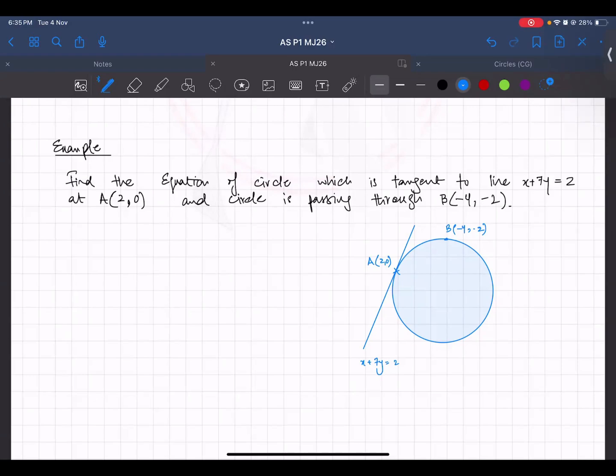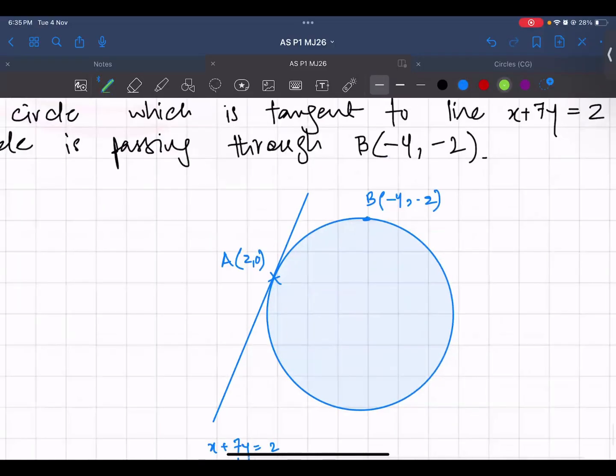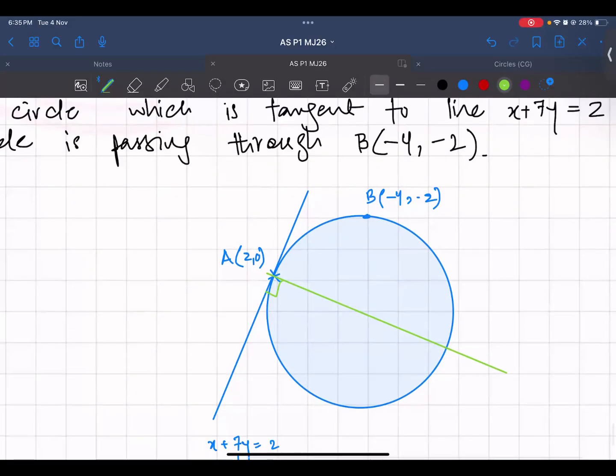Okay, yes, I think I got it. We can find the equation of the radius like this. If I draw the perpendicular from the tangent, this is the equation of the radius. We know the radius will be passing through the center somewhere.